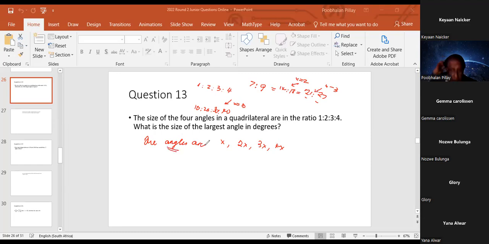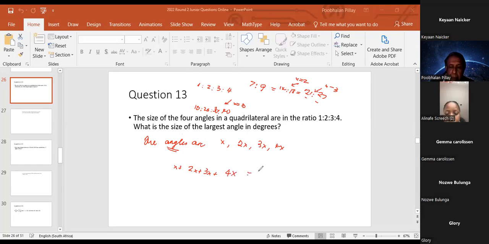Right? But you also know that when you add the 4 angles in a quadrilateral, we've seen this earlier, you're going to get 360 degrees. So you already know these are the angles. So when you add them, you're going to get 360 degrees.